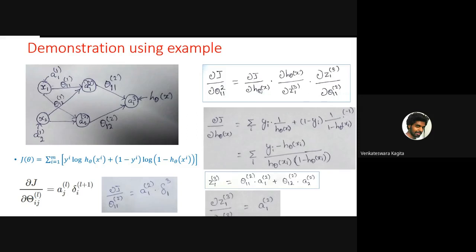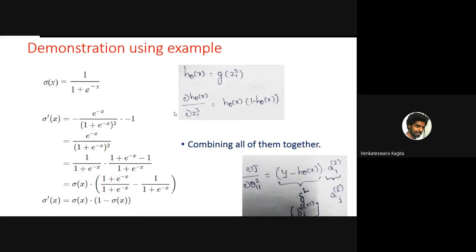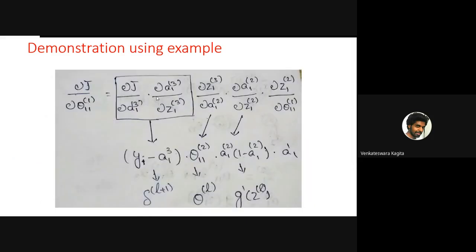Derivative of j with respect to h theta of x, which is a13, and derivative of a13 with respect to z13. These two terms you have already computed at the last layer. You can just reuse them when you are computing the derivative term here, isn't it?